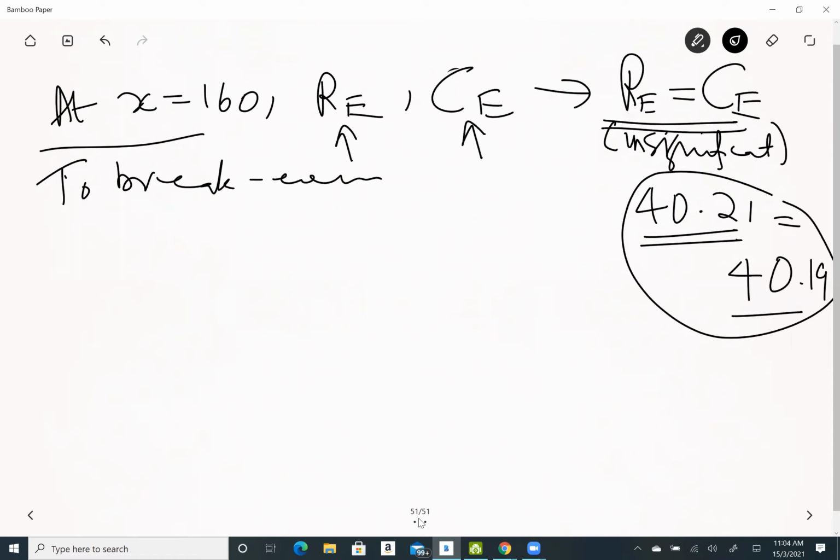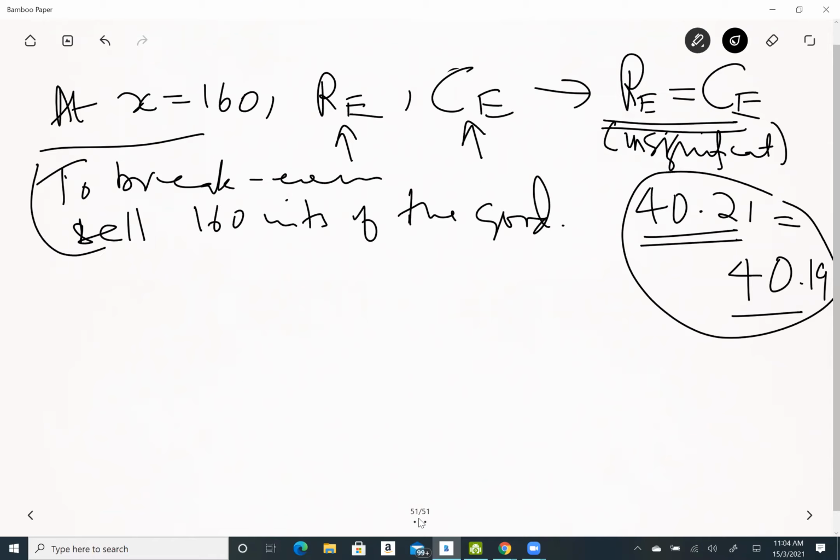To break even, you have to sell 160 units of the good. Okay, so that's it. Because what we want is to find the break-even quantity.